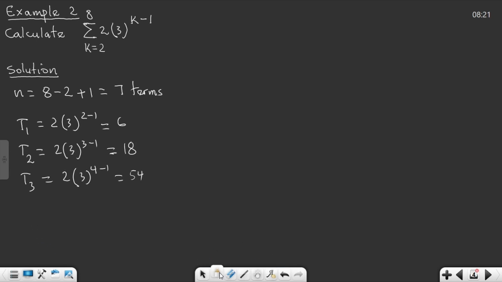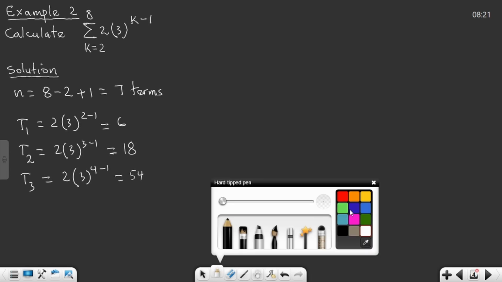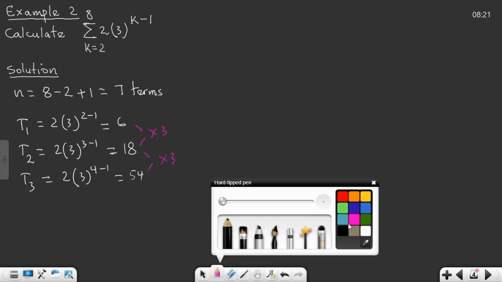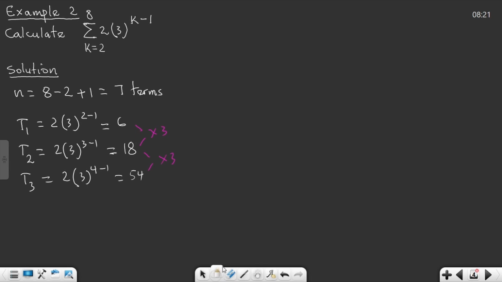Now let's see what type of series this can be. Can you see clearly there is multiplication by 3? I don't know if you can see that. From 6 to 18, you multiply by 3. From 18 to 54, times 3. So you can see we don't have a common difference.